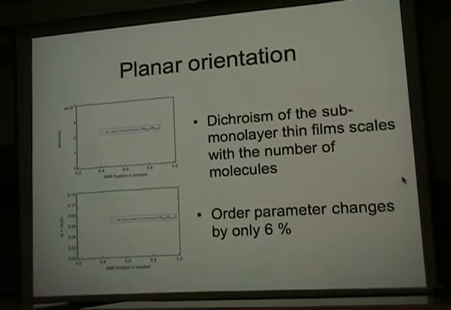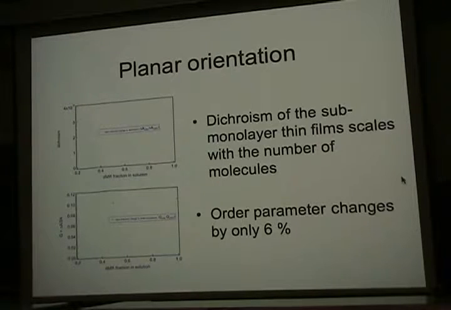In terms of planar orientation, you can investigate the dichroism of the layer as a function of surface coverage, across all the different surface coverages that we were able to create. This is the dichroism induced by illuminating the layer with polarized light. You can see that it goes up quite a bit when you have greater surface coverages.